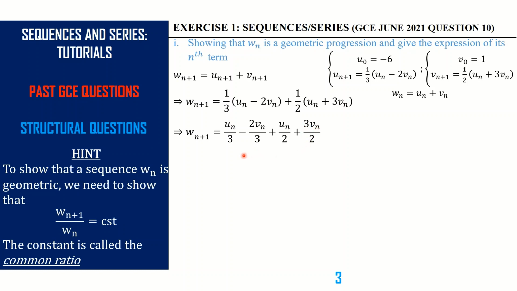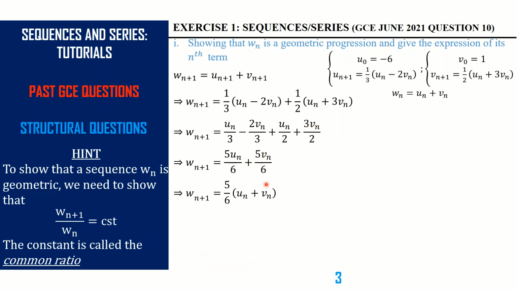Now we bring like terms together. So we have un/3 plus un/2, and then negative 2vn/3 plus 3vn/2. So un/3 plus un/2 gives us 5un/6. Negative 2vn/3 plus 3vn/2 gives us 5vn/6.